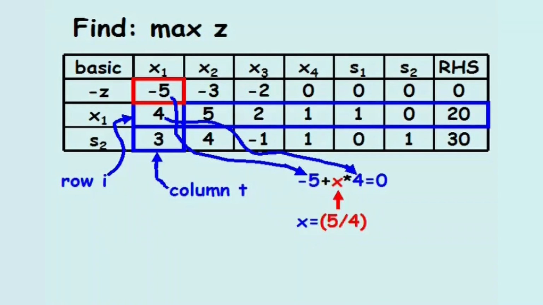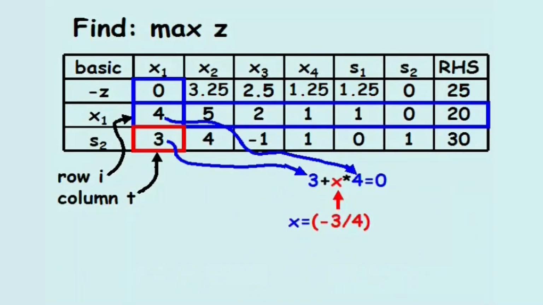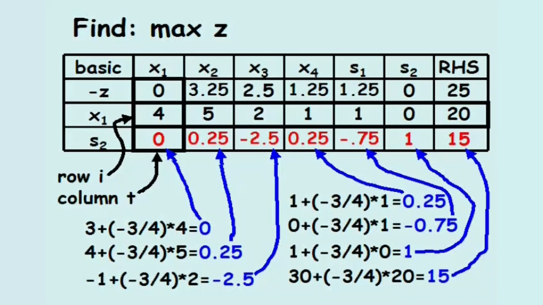This operation of multiplying 5/4 of row I to the top row is carried out for all columns. The bottom row will undergo the same operation, except the multiplier will be negative 3/4 rather than 5/4. The bottom row is updated as shown.